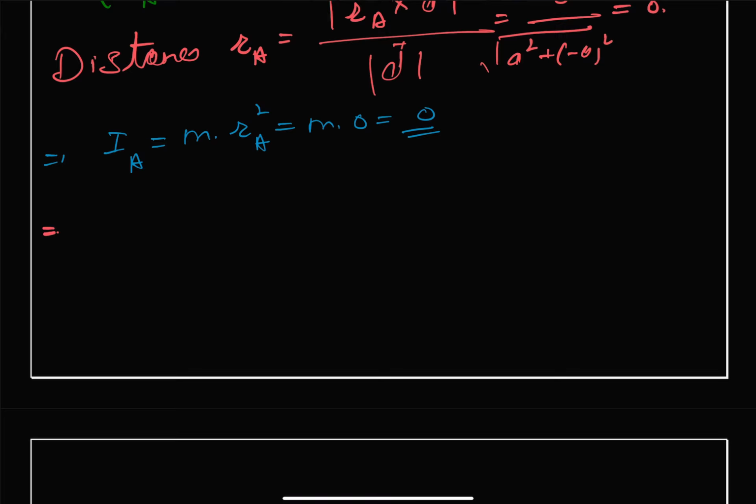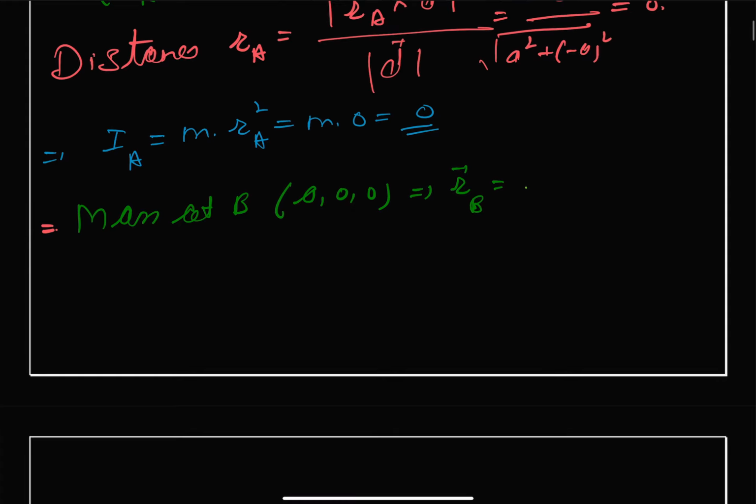Now we have mass at B, and the position of mass at B is A comma 0 comma 0. So its position vector, that is r of B, will be equal to A comma 0 comma 0.